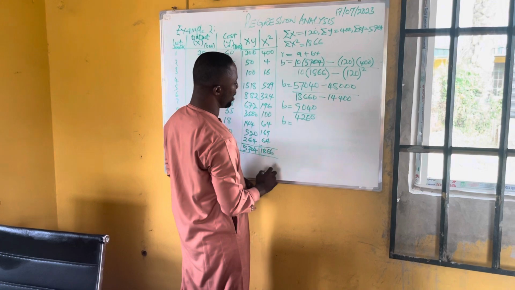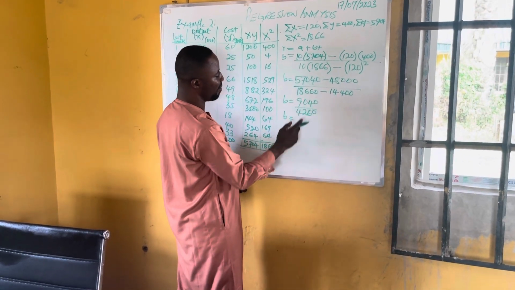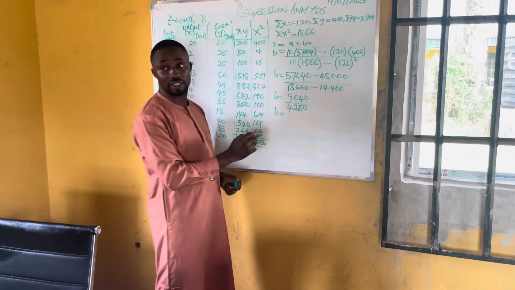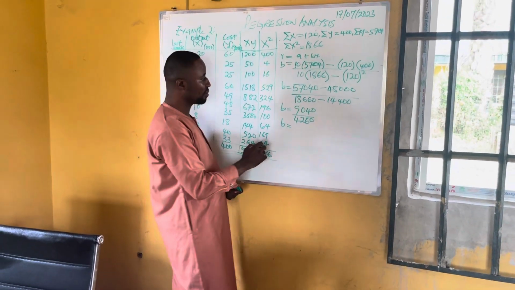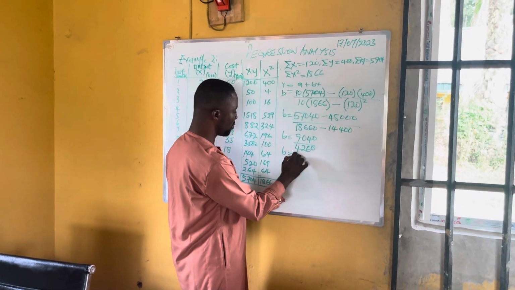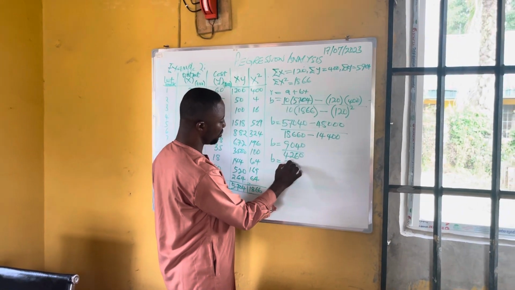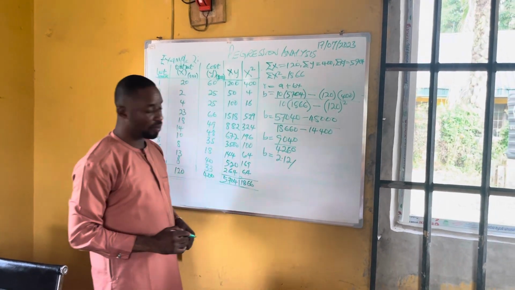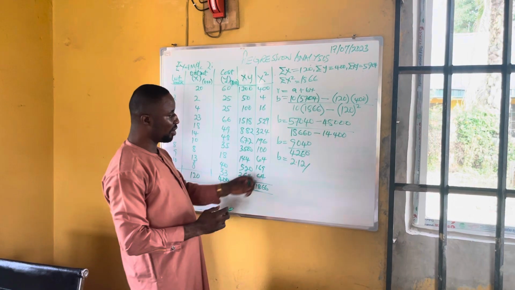So b will now be equal to this divided by this. 9040 divided by 4260 is 2.122. So in two decimal places it is 2.12. That's the value of b.